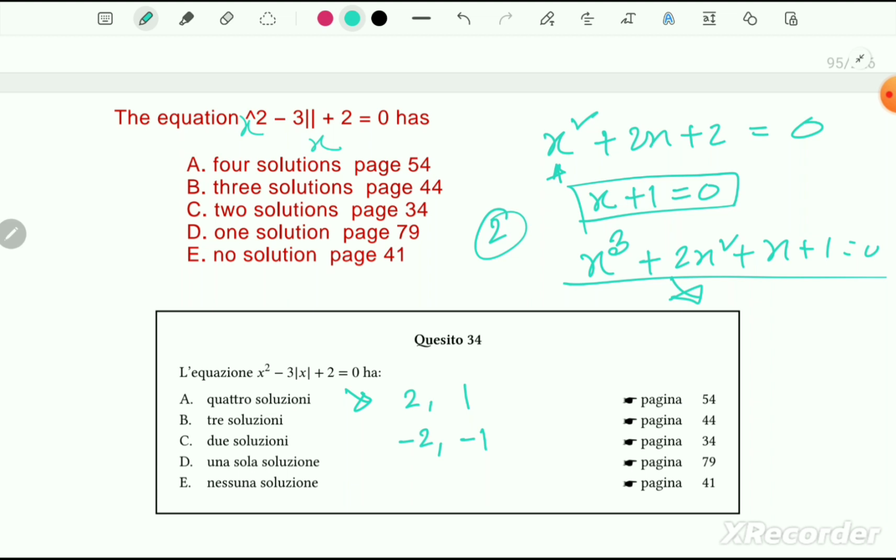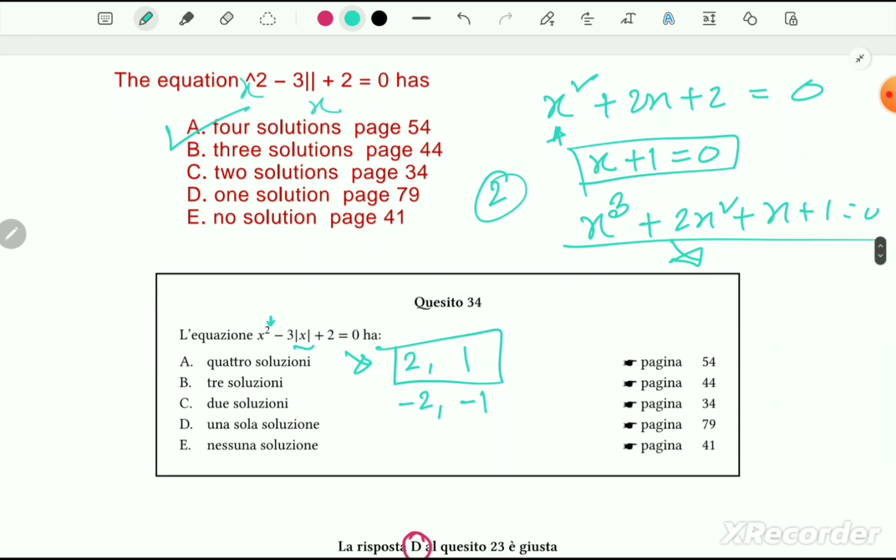Yes, you have to agree, because there is absolute x, that means whether the value of x is negative or positive, it doesn't matter, it would always be positive, and here also is square, so the negative sign doesn't make the difference. Therefore we can say because of this absolute value, it has 4 solutions. Okay, usual cases it should be 2, but this is the exceptional case, then our option is A.